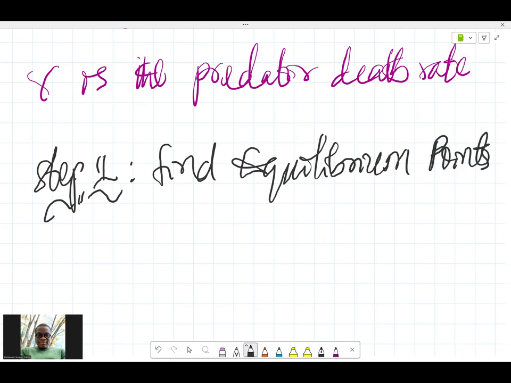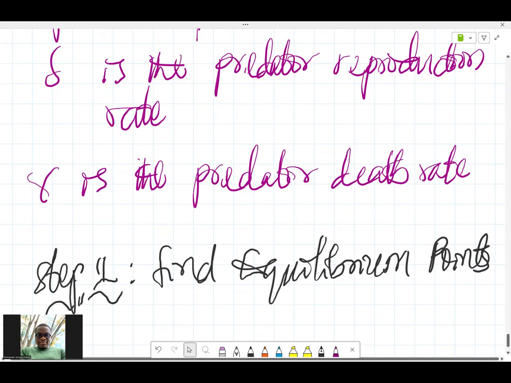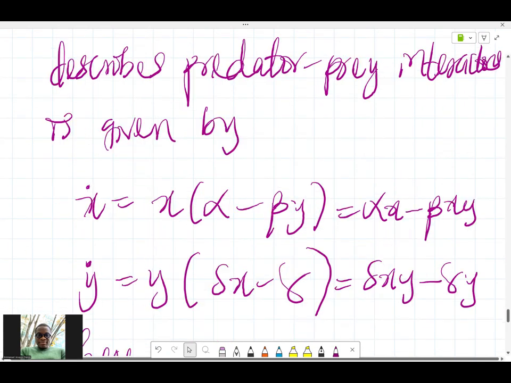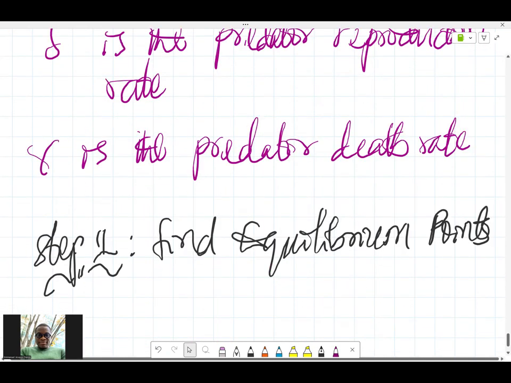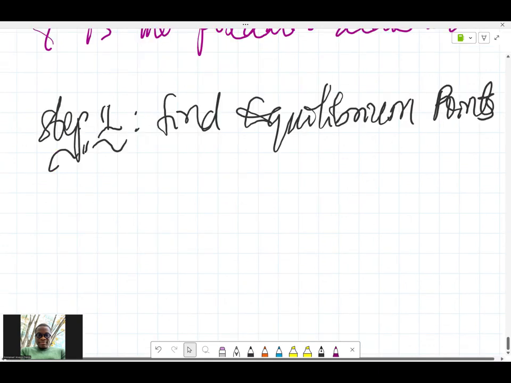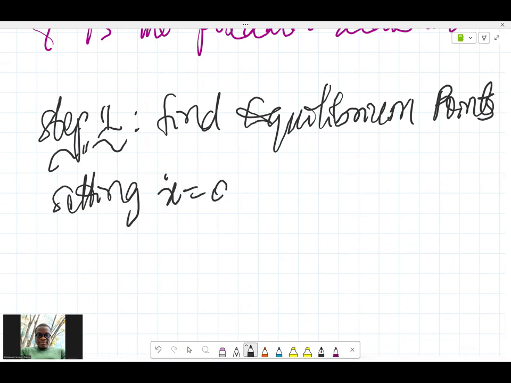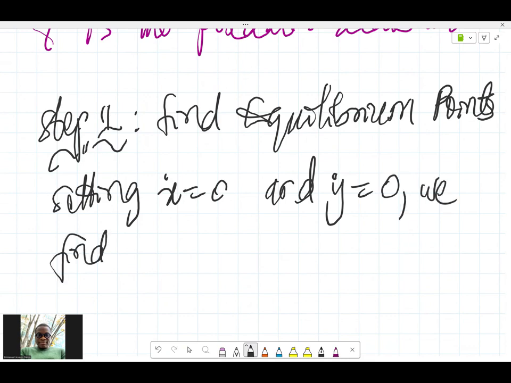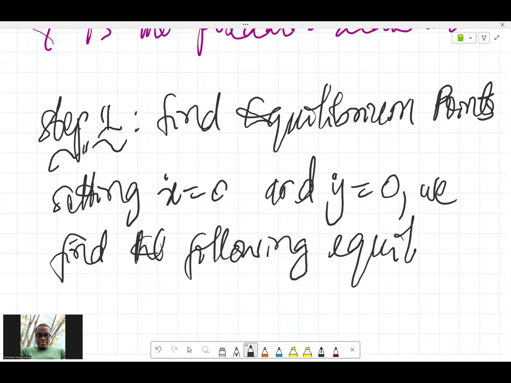So again, don't forget the system. Setting x dot equals 0 and y dot equals 0, we find the following equilibrium points.